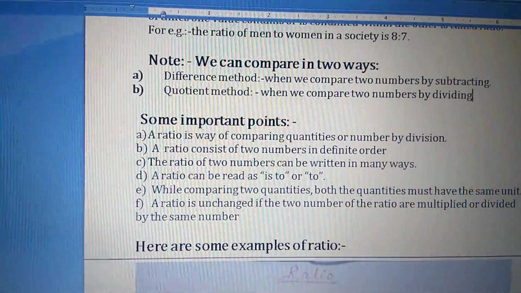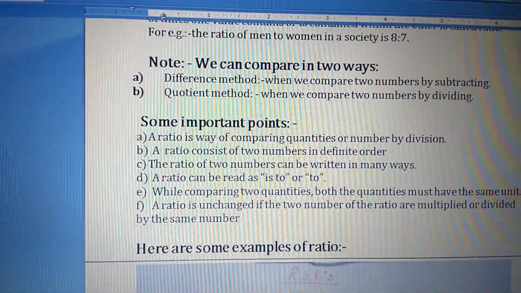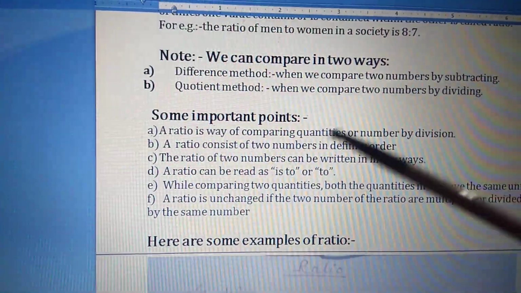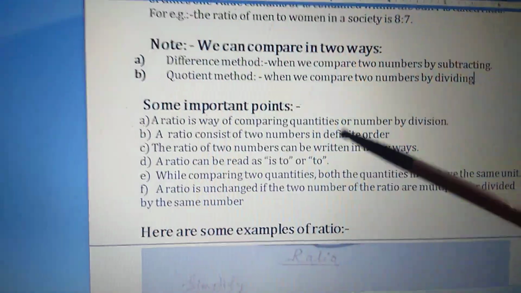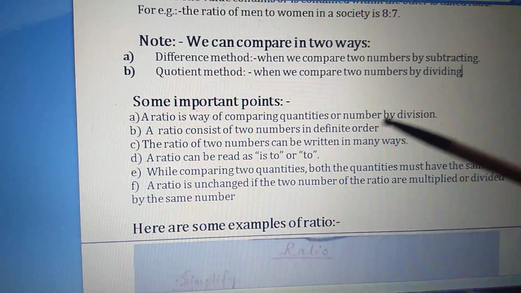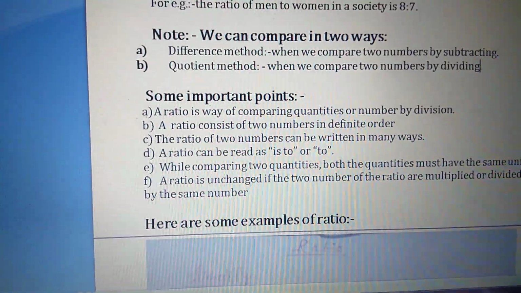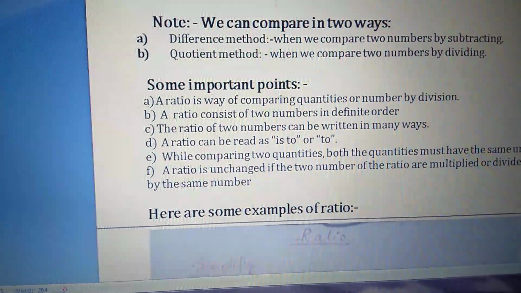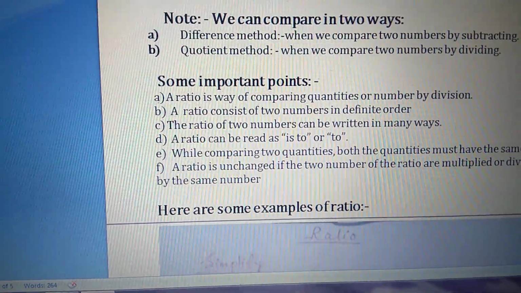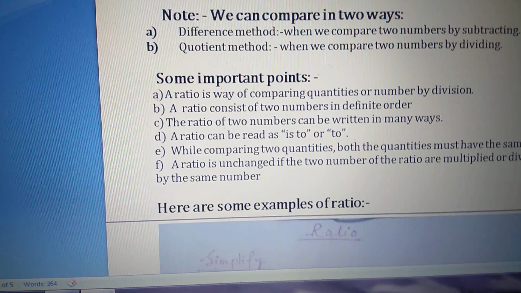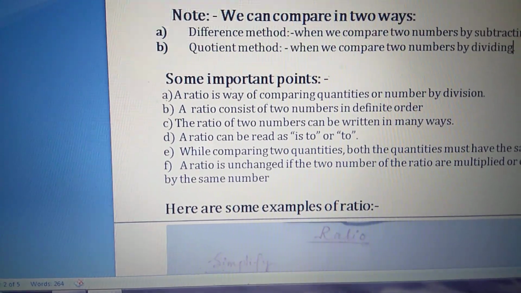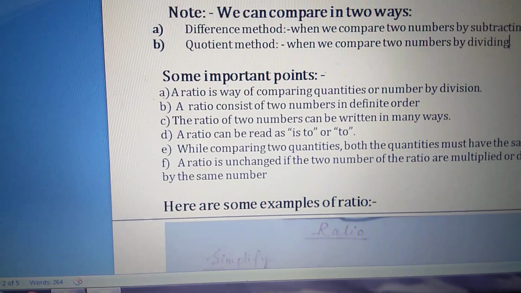Ratio is a way where we can compare 2 numbers by division. A ratio consists of 2 numbers in a definite order. They should have a definite order. It means if the denominator is a fraction, then the numerator also should be a fraction.